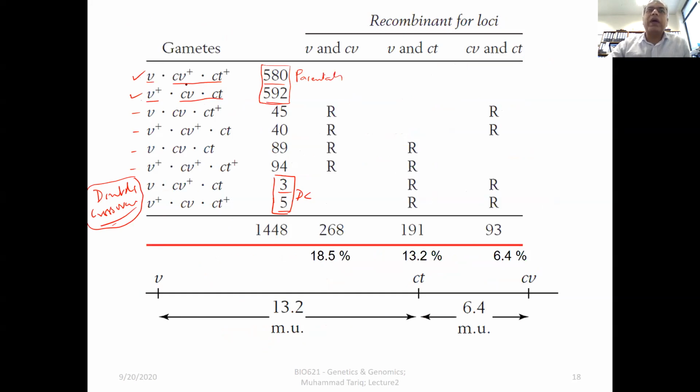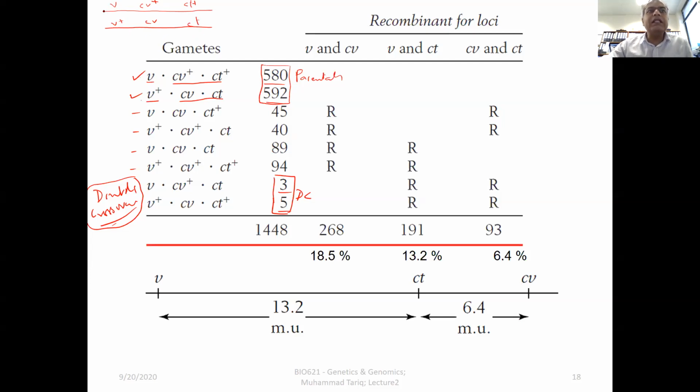So what do you have here? For example, we use the parentals: vermilion, cross veinless, and cut, plus and plus. And the other parental was vermilion plus, cross veinless mutant, and cut mutant.